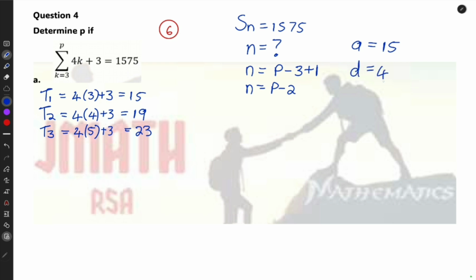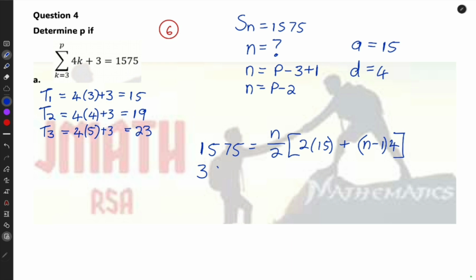Okay, so a is 15 and d is 4. My goal now is to calculate n, because if I have n, I can get p, what they're actually asking me. So I'm going to do Sn. I'm going to start with 1575 equals n over 2, 2a plus n minus 1, and then d was just 4. I don't like fractions there, so I am going to multiply by 2 on both sides.